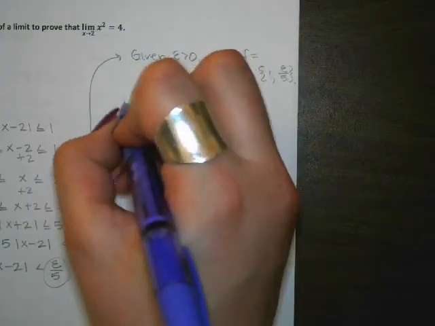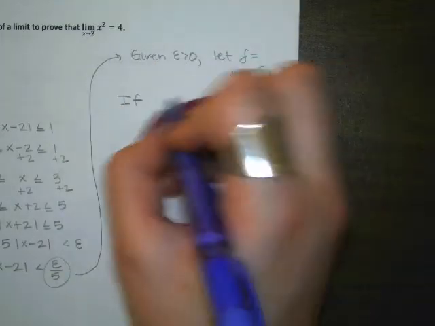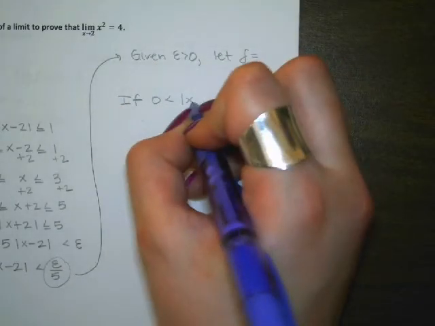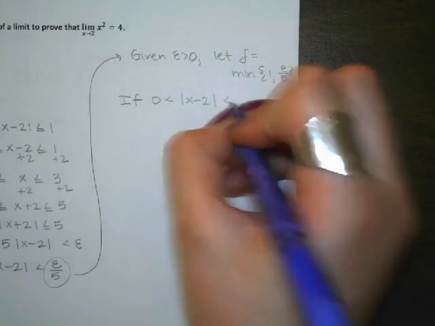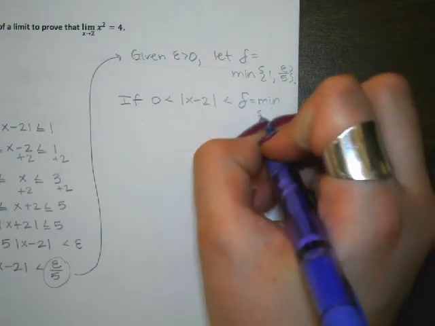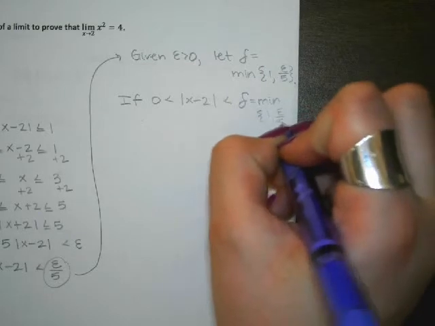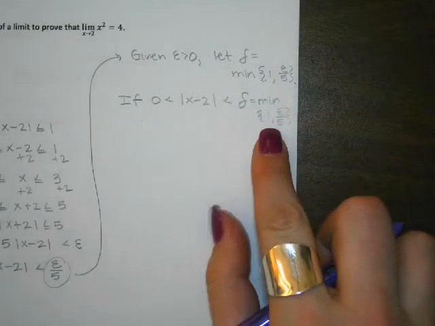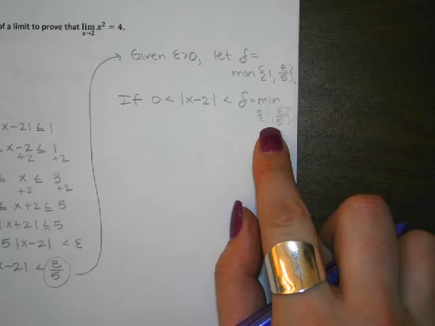So we're going to say if 0 is less than the absolute value of x minus 2, which is less than delta, which equals the minimum of 1 comma epsilon over 5. So this is me just being formal about my notation.